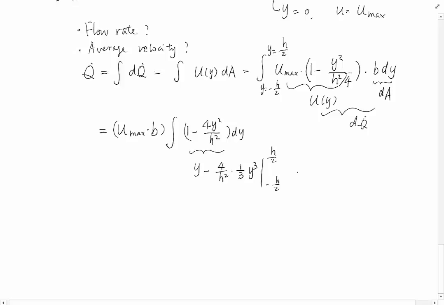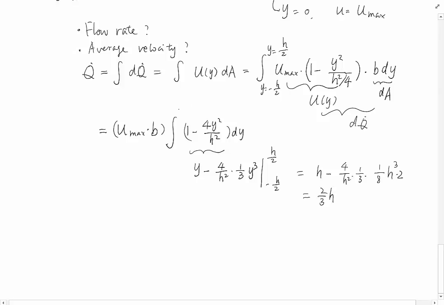So we have h minus 4 over h squared times 1 over 3 and 1 over 8 h to the third power and times 2, because we have positive and negative, so that gives us 2. So this ends up with 2/3 of h.